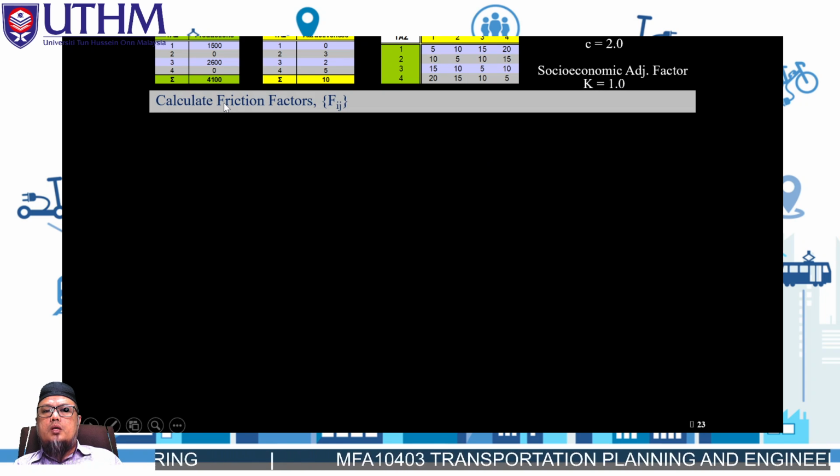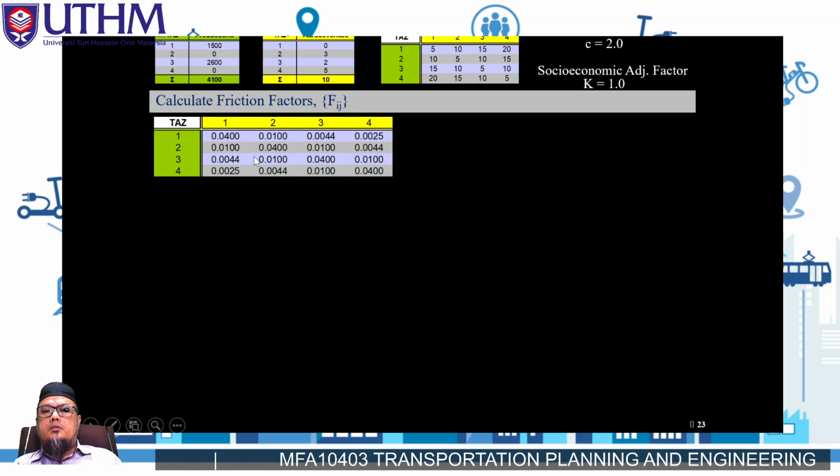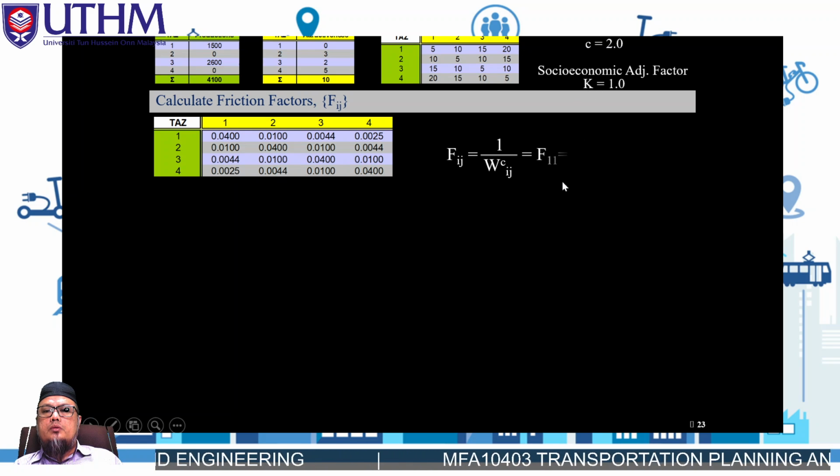First, we have to calculate the friction factors. If we go back to the previous slide, the friction factor is 1 divided by WC, where C is given. This is very straightforward, but we have to be careful with the matrix, about which cell we refer to in calculating the numbers.